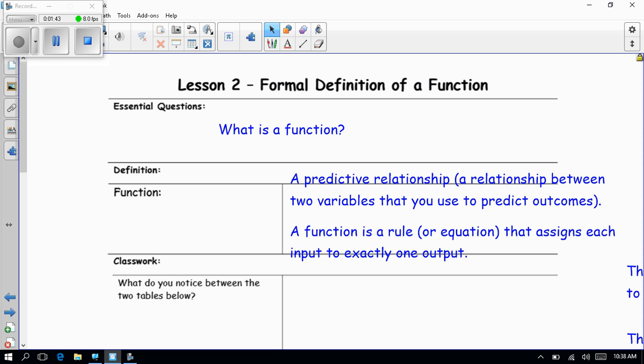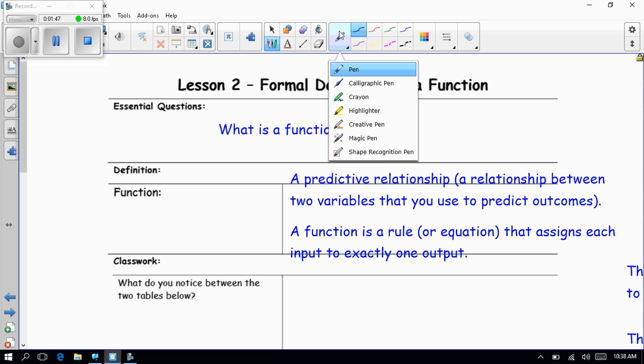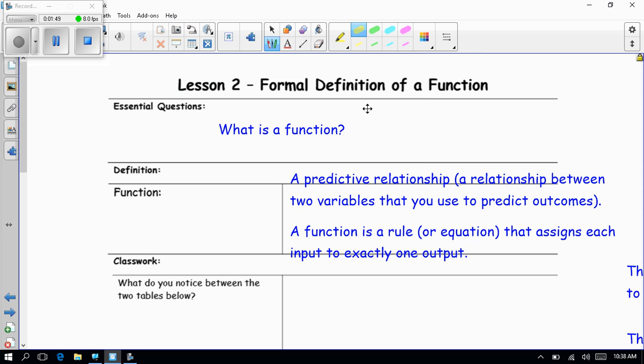And that phrase, each input to exactly one output, is important. That's kind of like a key here. If you use highlighters, that's probably a part of the definition that you're going to want to highlight. So a function is a rule or an equation that assigns each input to exactly one output. And more holistically, a function is a predictive relationship between two or more things that allow you to predict outcomes.